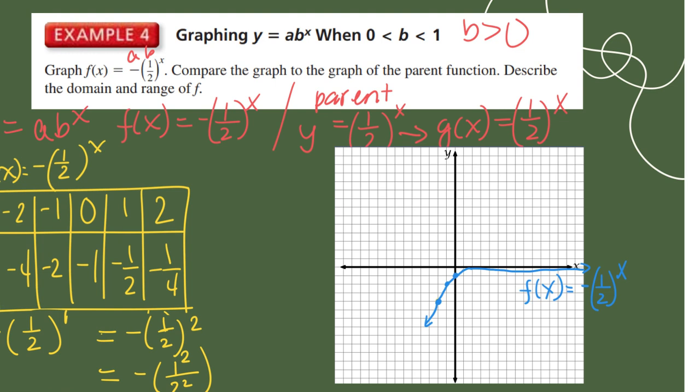And then finally, now we could do our parent. And who's our parent here? Parent is 1/2 to the power of x. Let me put red. So I know that 1/2 is going to be where? We're going to approach there where the 1.